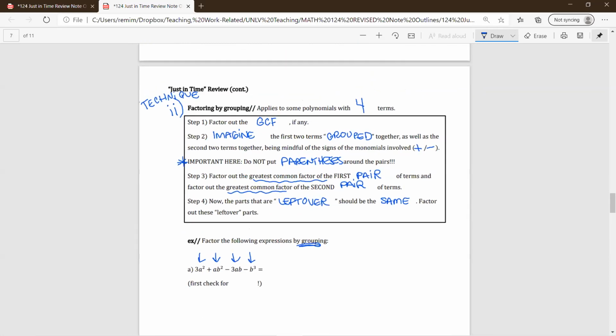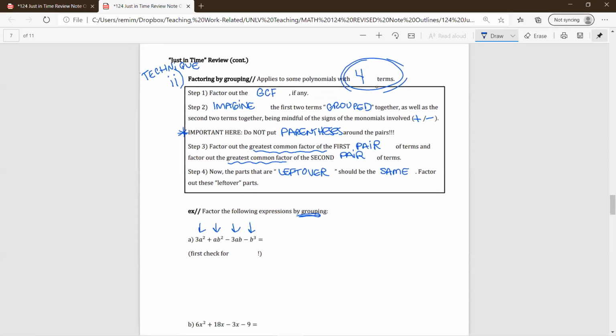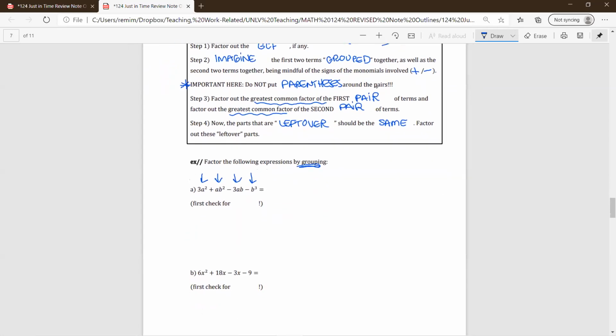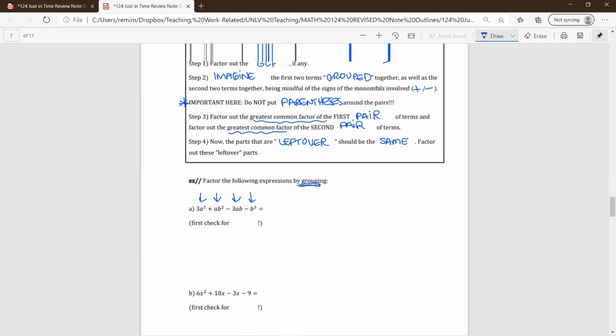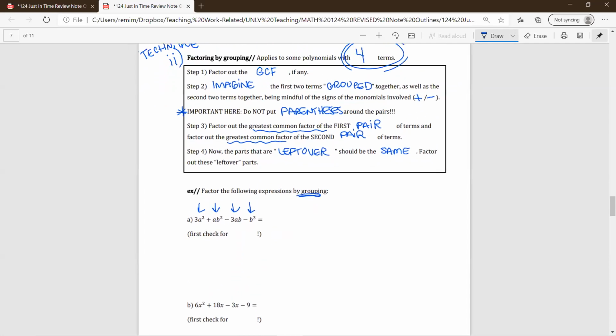And remember, up here, I said that this technique applies to some polynomials with 4 terms. All right, now step 1 says factor out the GCF if there is any. So that's what I'm going to put down here in these parentheses. First thing you need to do is check for GCF. So if you look at those 4 terms, is there anything that all 4 of them have in common?